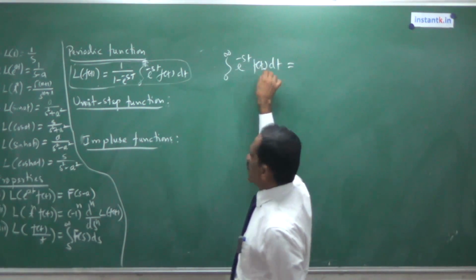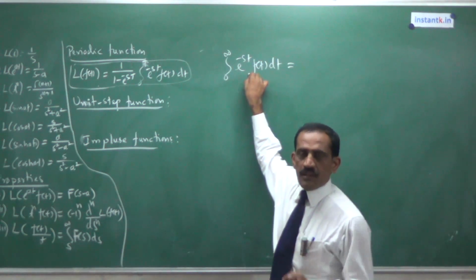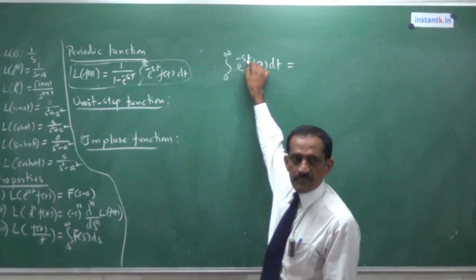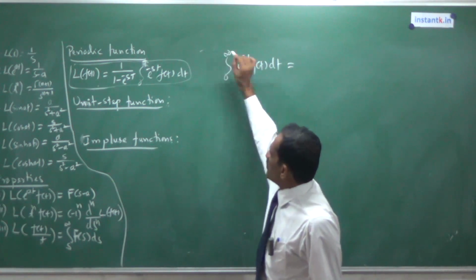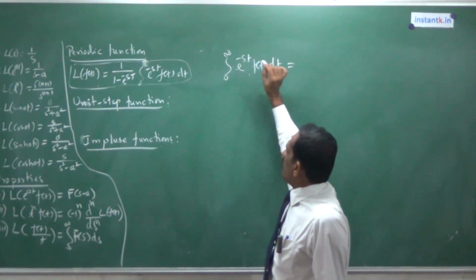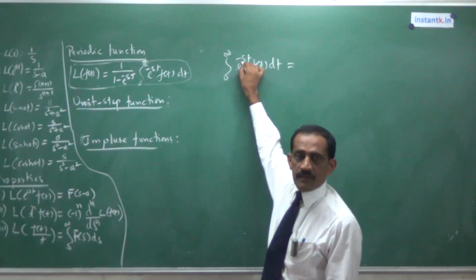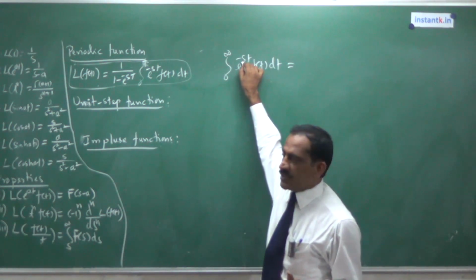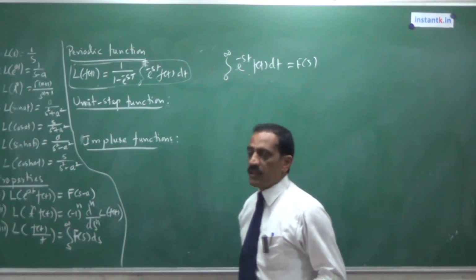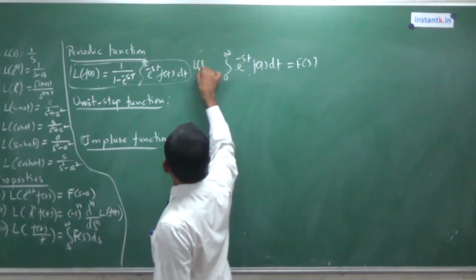That means for a given function f of t defined for positive values of t, you multiply by e power minus st. Integration is done from 0 to infinity with respect to t. What is the answer obtained? It will be a function of s, because s is another parameter which is a complex variable. We get the answer in terms of s. That answer obtained is called the Laplace transform of this function. That is the definition.